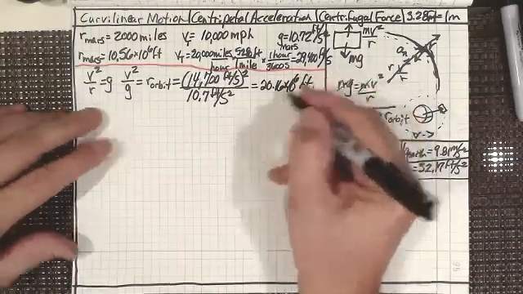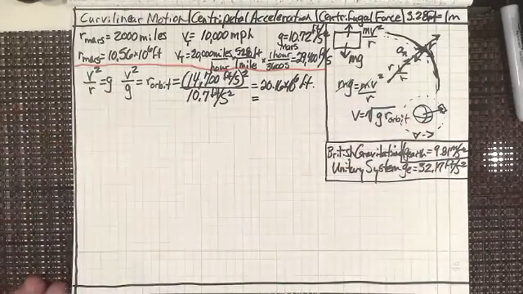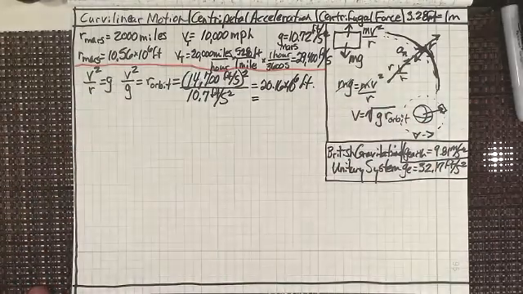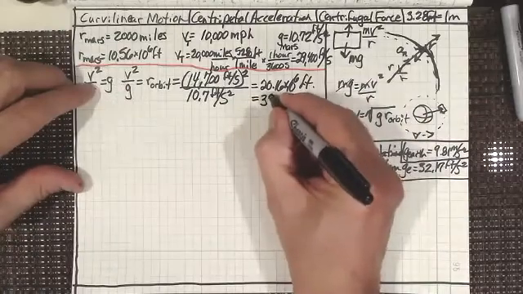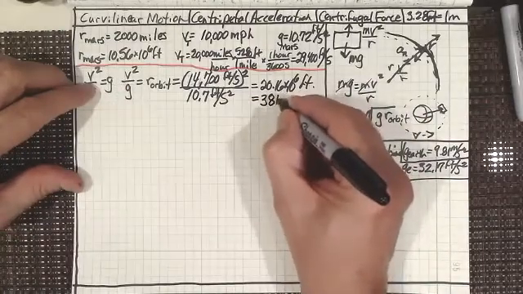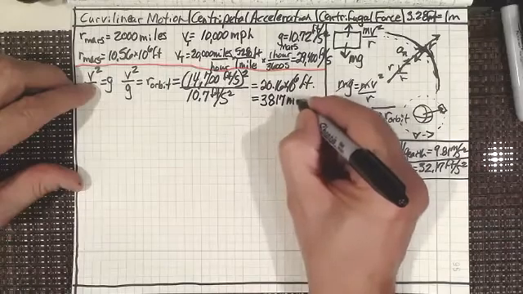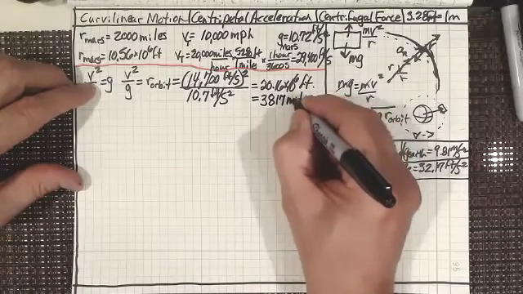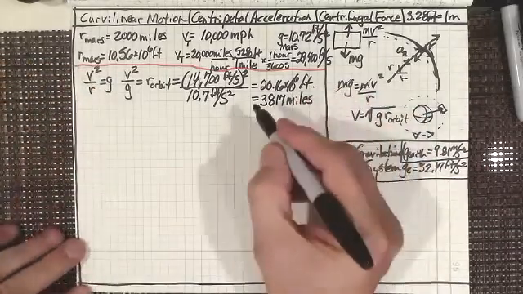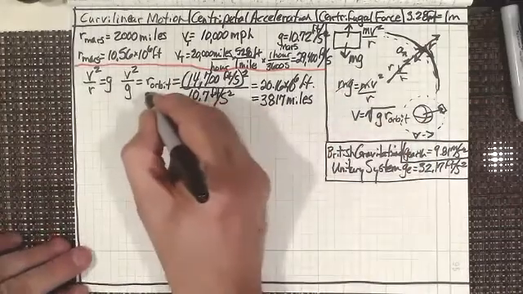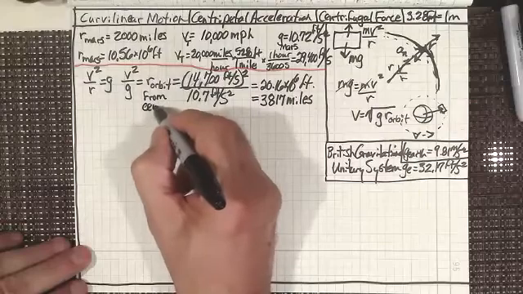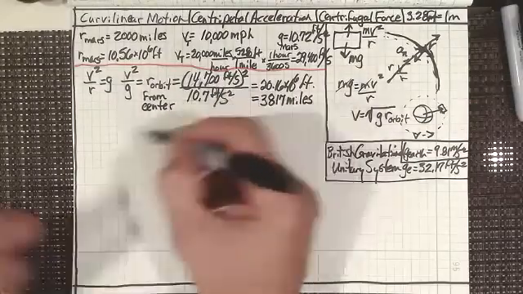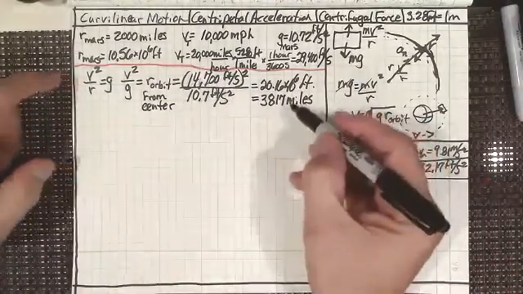And I know that doesn't seem intuitive to you, so I'm going to divide it by that and give you the miles, and that would be 3,817 miles high. Now that's from the center of the planet, right?